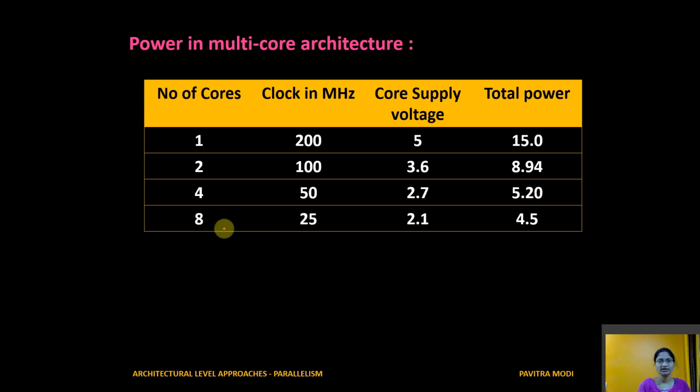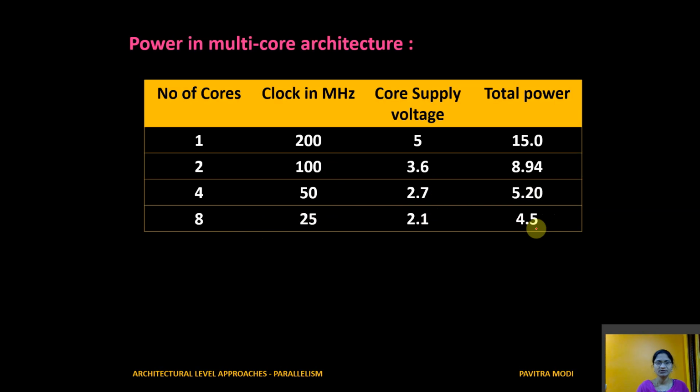Similarly, if we take 8 cores, 8 copies, the frequency can be 200 by 8, it's going to be 25. Therefore, the supply voltage can be even further reduced to 2.1 volts, so that we are able to get a power reduction up to 4.5. Therefore, higher the number of cores, the lower the power dissipation we are able to get.